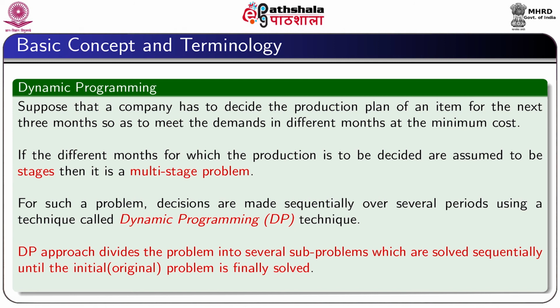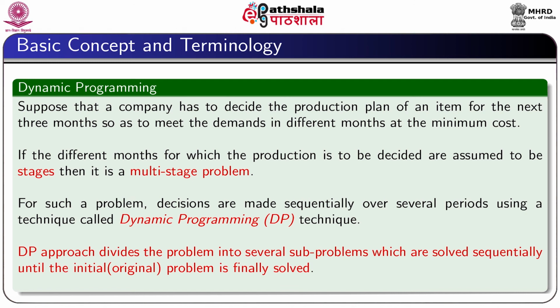For such a problem, decisions are made sequentially over several periods using a technique called dynamic programming technique. In dynamic programming model, the current decisions influence both present and future periods. Dynamic programming approach divides the problem into several subproblems which are solved sequentially until the original or initial problem is solved.